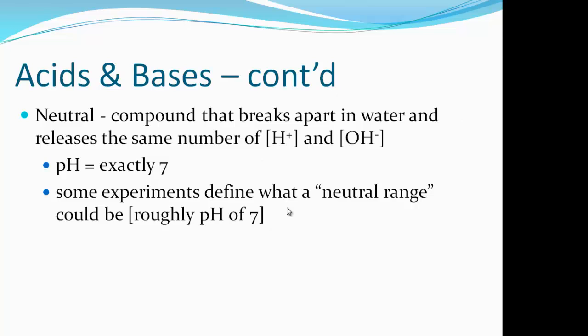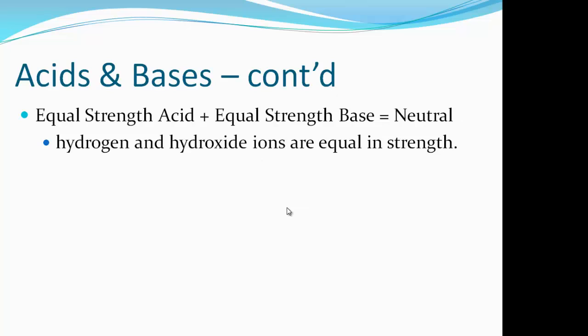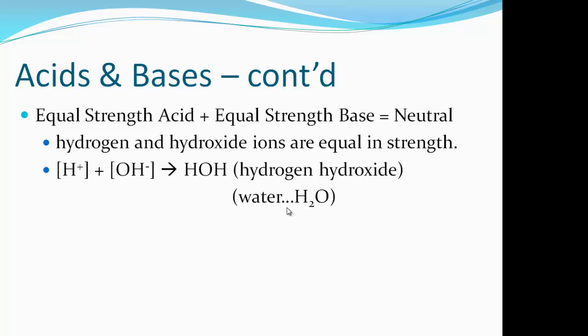And of course there's experiments to define what a neutral range is. So again, hydrogen and hydroxide ions that are equal in strength are considered neutral compounds, which means your blood has a little bit more base than it does acid, and it's considered a little bit on the basic side.